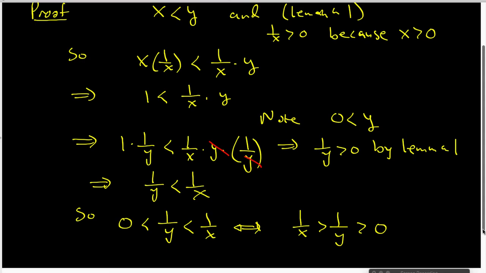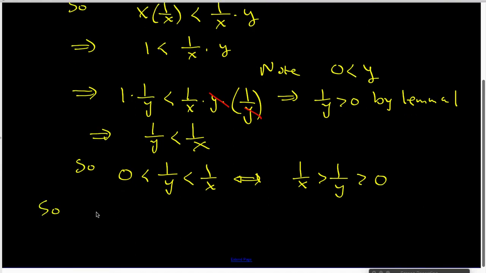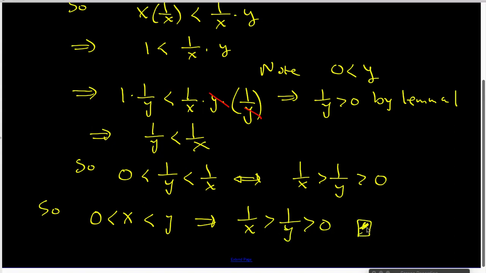So taking reciprocals of positive numbers changes the order. In other words, if 0 is less than x is less than y, that does indeed imply that 1 over x is bigger than 1 over y, which will stay bigger than 0. So that ends the proof of our second lemma.